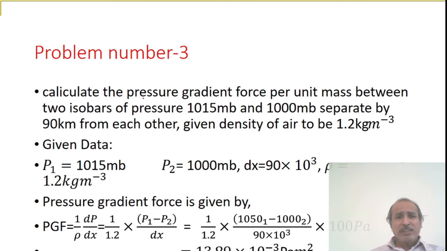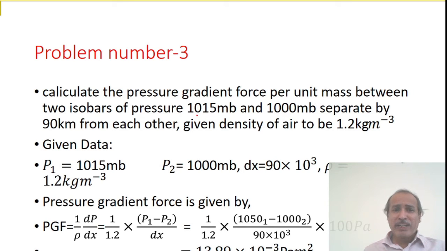Now in this problem, we have to calculate the pressure gradient force per unit mass. Between where? In between the two isobars of pressures. Let one be P1 and the other P2.